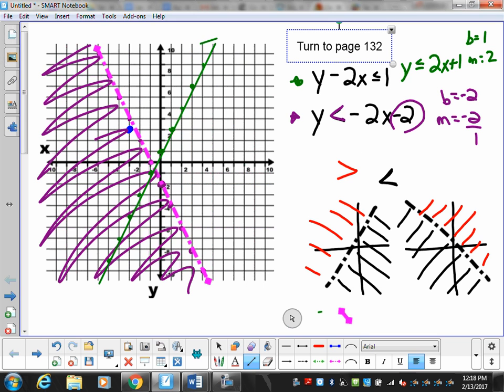So it should look something like this. Okay, and then which section should I shade? It is a less than symbol, so it's slanted this way, so I'm going to shade down to the right.